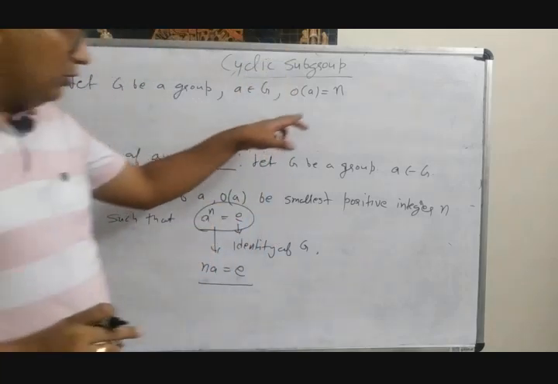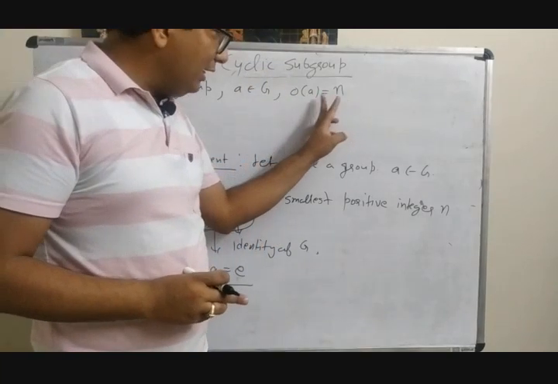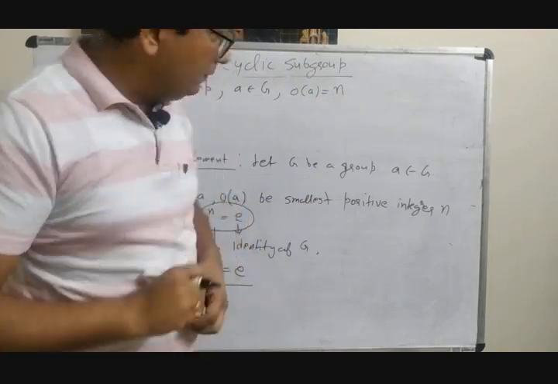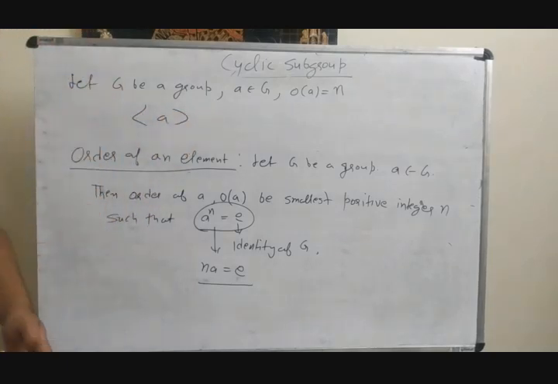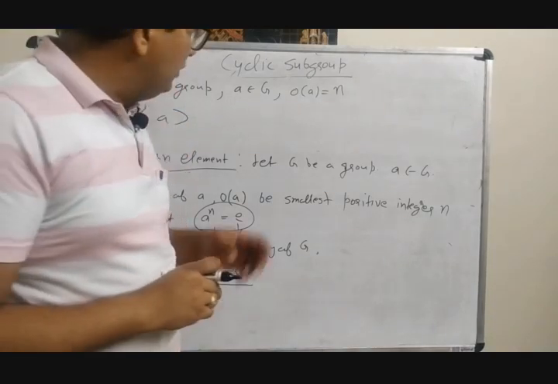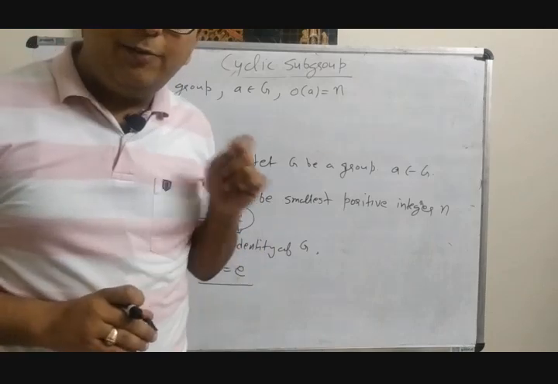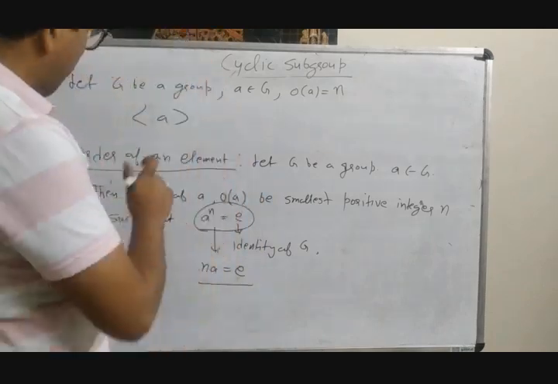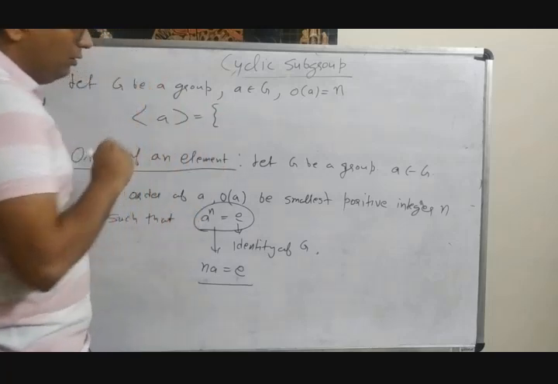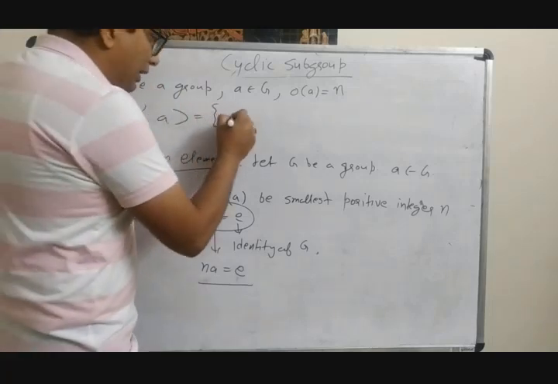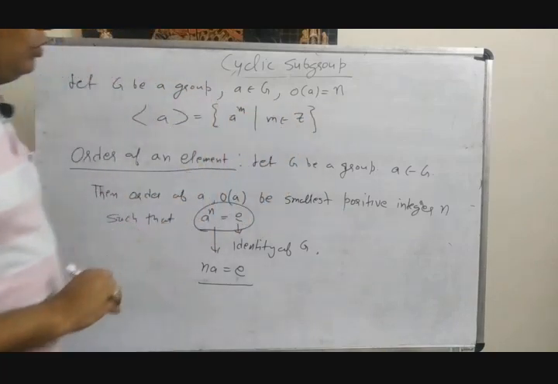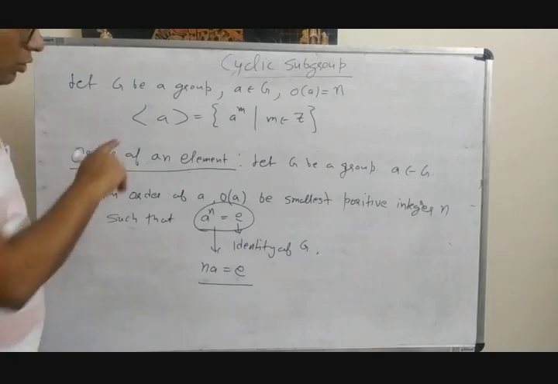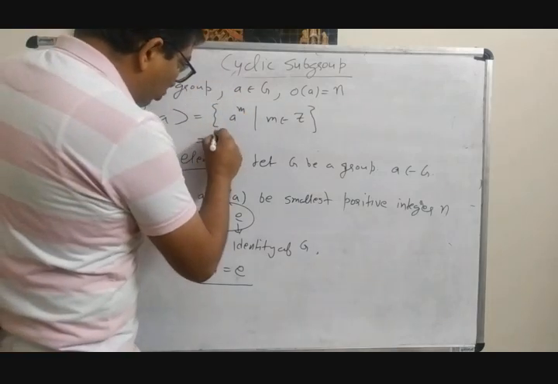It means n is the smallest positive integer such that a raised to power n is equal to e. Now what about the subgroup generated by A? That is the cyclic subgroup generated by A. By definition it should be equal to a raised to power m, m belongs to Z.